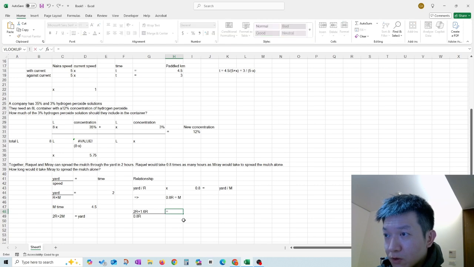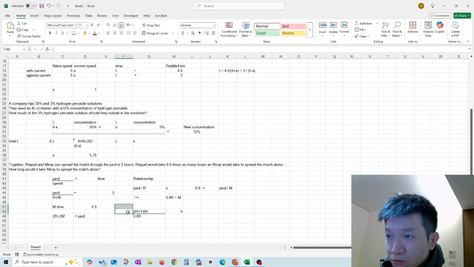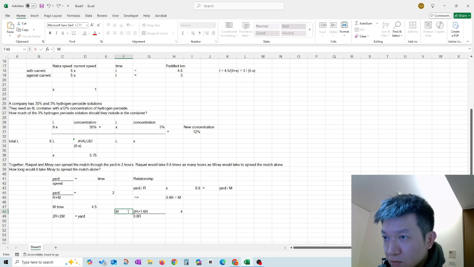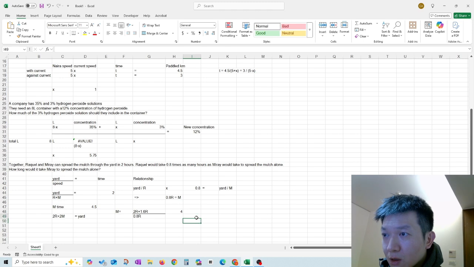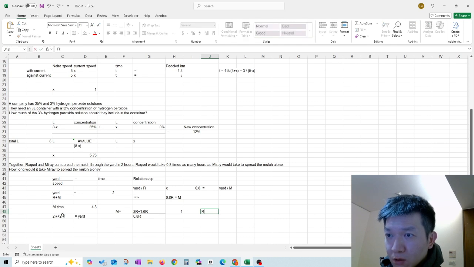That equals 4. So m equals 4, right? M equals 4. And that is not the time, right? That is just the speed. So we again have to find the speed, so we have to find r as well. So you put it over here, 4, right?